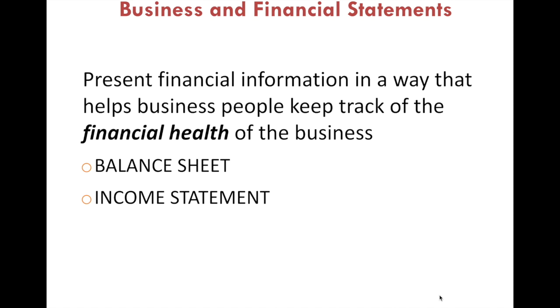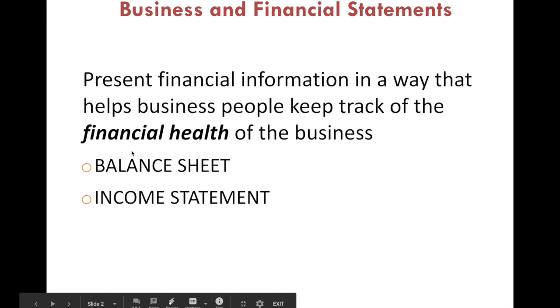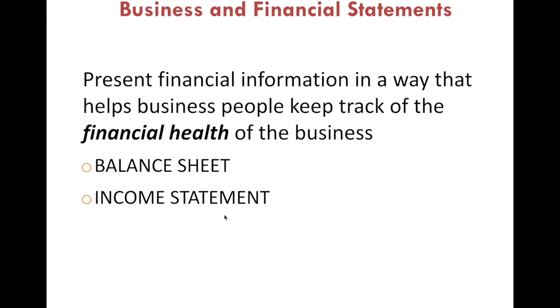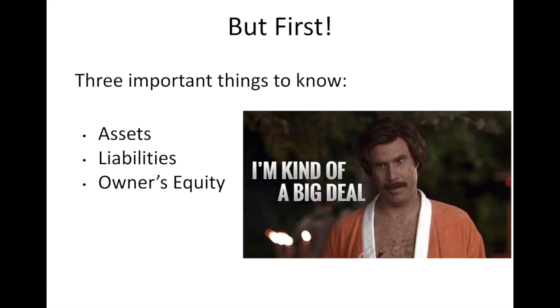The two financial statements that really come into play here are the balance sheet and the income statement. In this video, we're talking about the balance sheet. But first, if you remember from our intro video, the things we need to know: assets, liabilities, and owner's equity. To review, assets are things owned by the company that produce revenue or aid in the production of revenue.